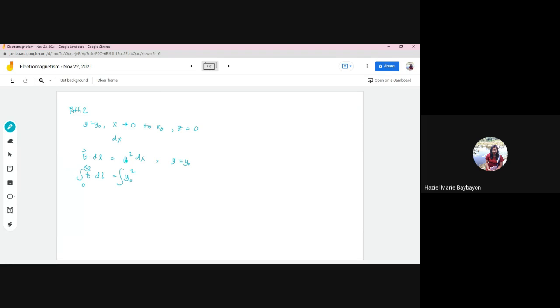So y here is constant, equal to y naught. And then you have dx from 0 to x naught. Therefore, you have y naught squared multiplied by x naught. So this is our E dot dl, or this is our V for path number 2. So for path 1, the potential is 0. For path 2, our potential is y naught squared x naught.